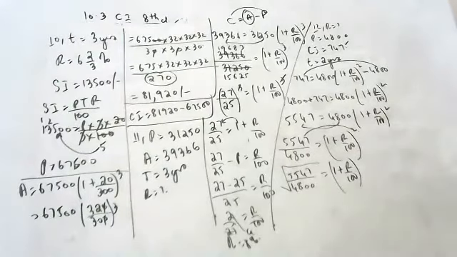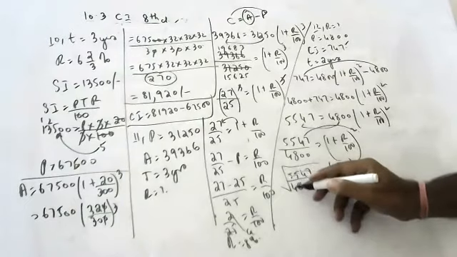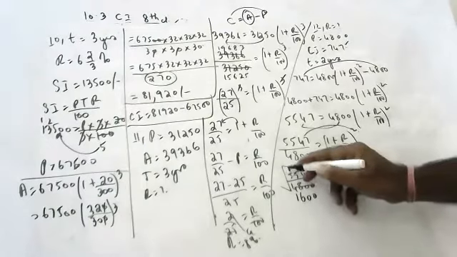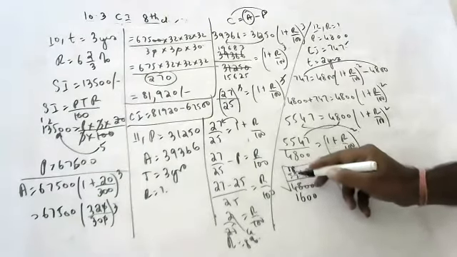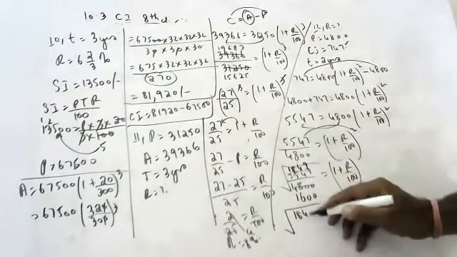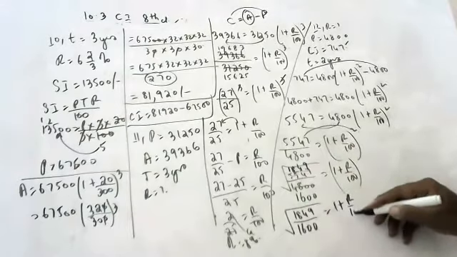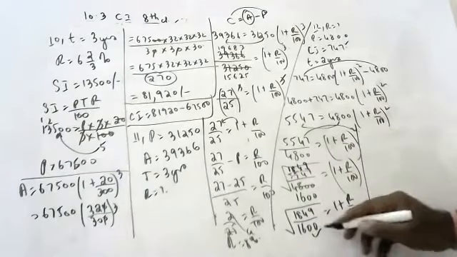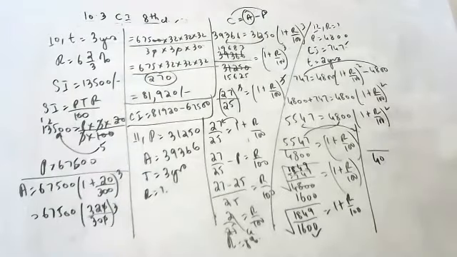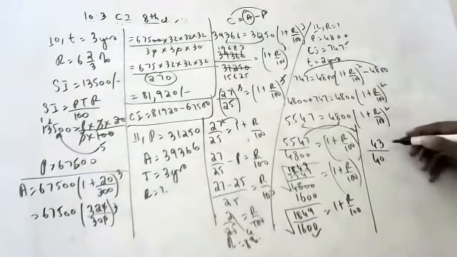4800 itself doesn't have any square, but see here, 3 1s are 3, 1600, 3 8s are 24, 3 4s are 12. Root of 1849 by 1600 is equal to 1 plus r by 100. What is the square root of 1600? 40. What is the square root of 1849? 43.